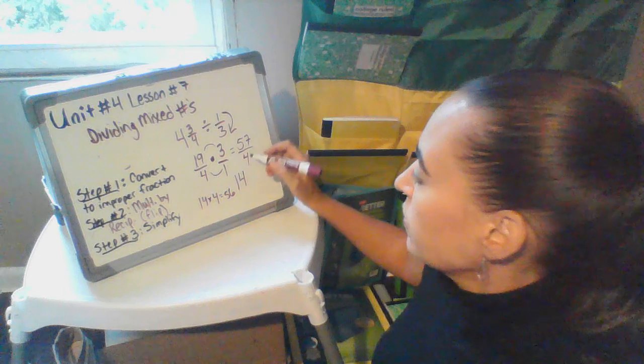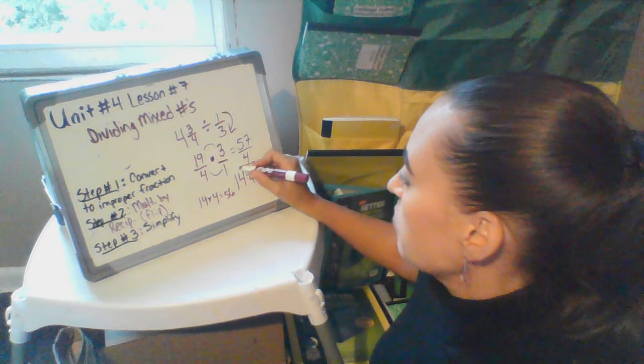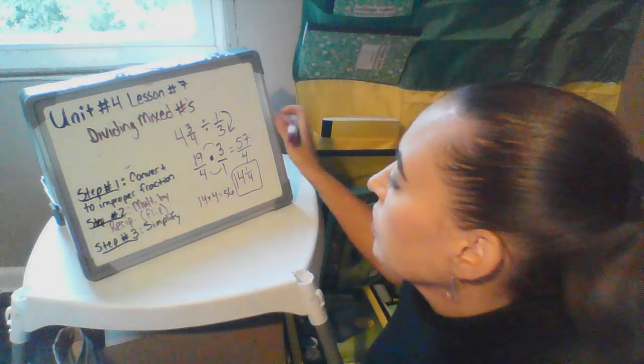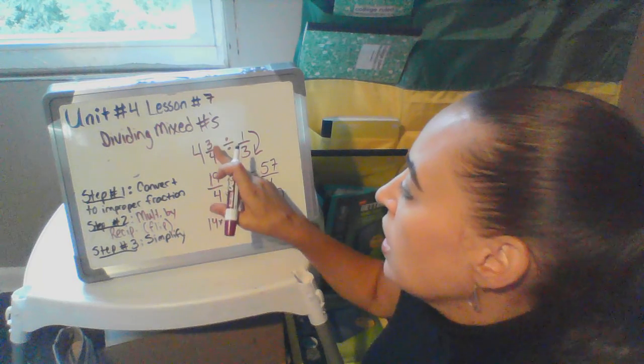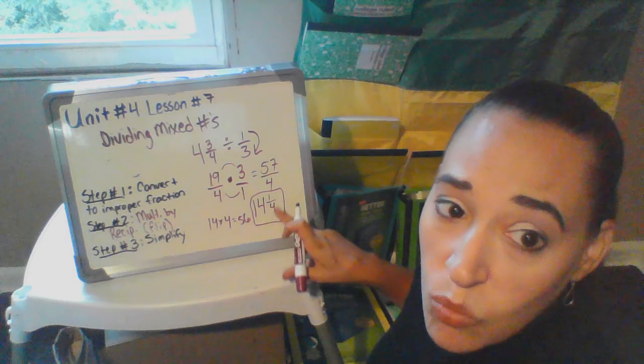So there's a 1 remainder, and it goes over 4 as your denominator. So your final answer is 14 1/4. Okay, so 4 3/4 divided by 1/3 equals 14 1/4.